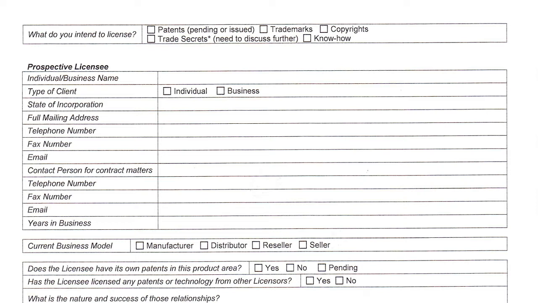So on page 2, when we talk about prospective licensee, once you've got an idea of who that licensee is, I'm asking you to write it down. Tell me who they are, what they do. Are they a manufacturer? Are they a distributor? Are they a reseller? Or are they going to do all of the above? When you talk about a licensing deal, there are lots of ways to slice and dice that pie.